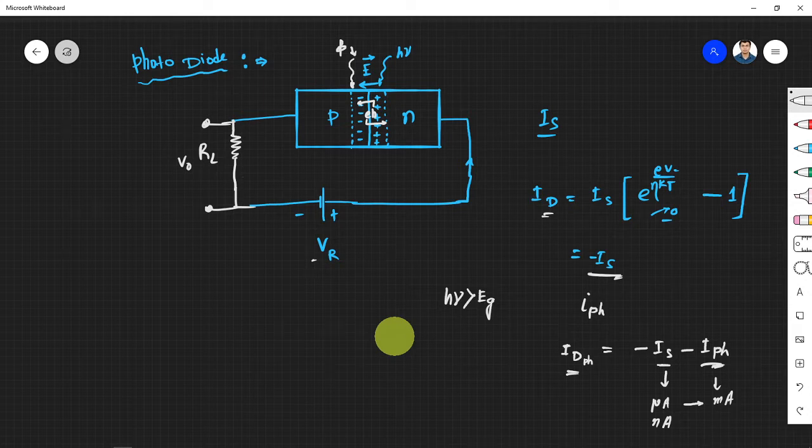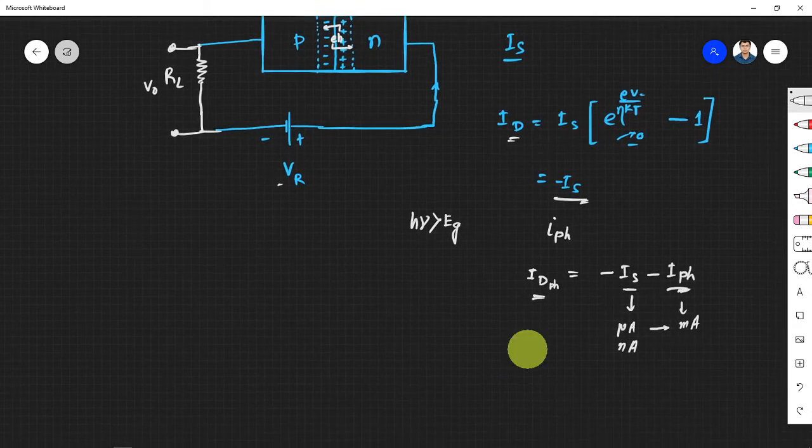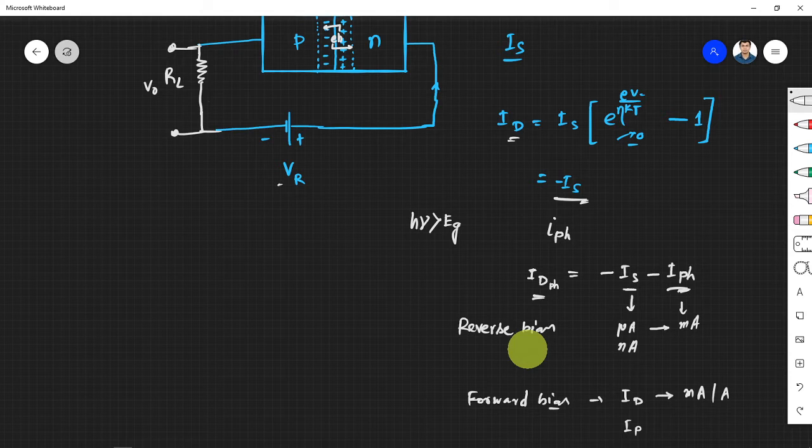Now in case of forward bias, the diode current will itself be in milliamperes or even amperes, right? So we are talking about reverse bias here, and in forward bias the order of diode current is milliamps to amperes, and your photocurrent will be even less.